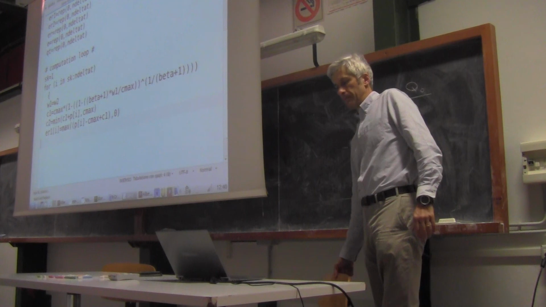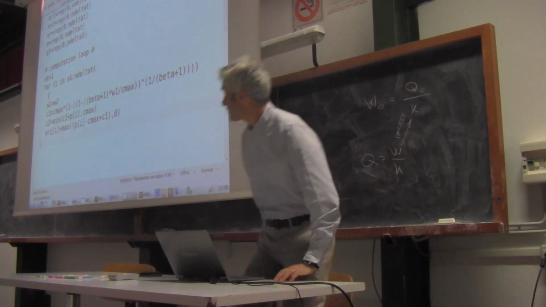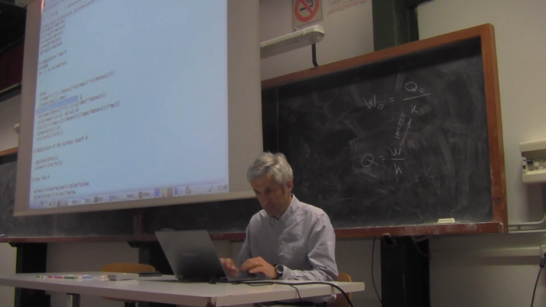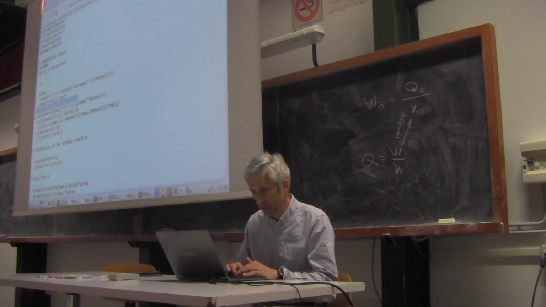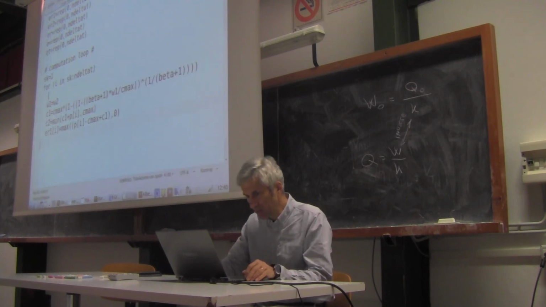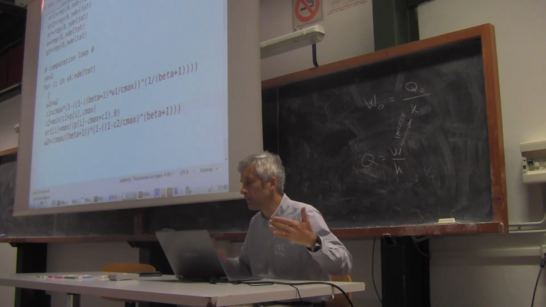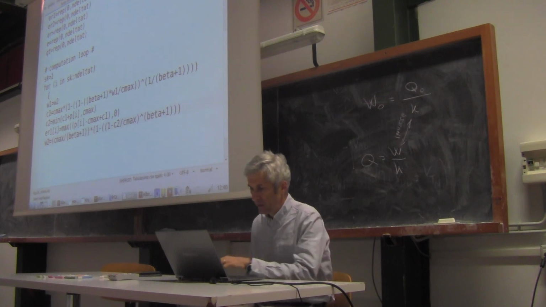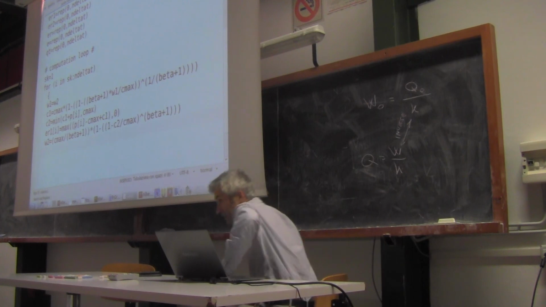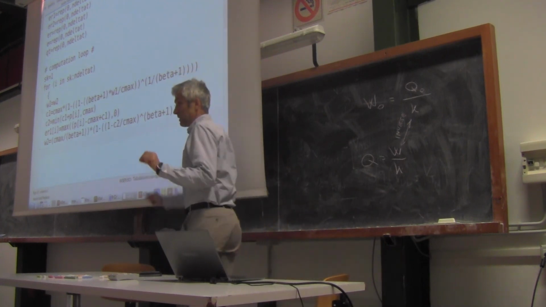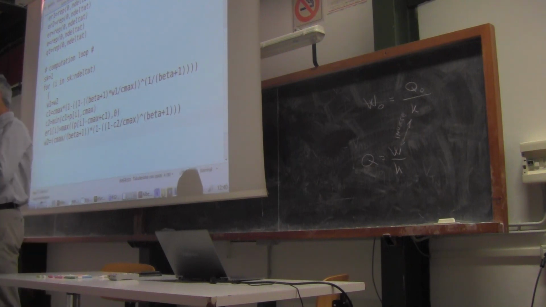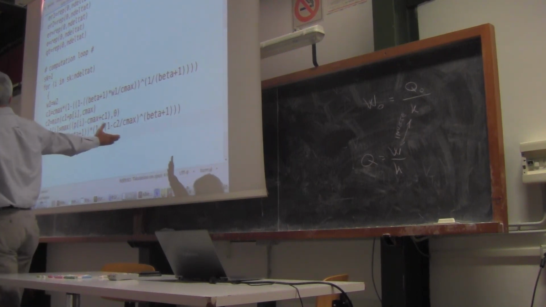Okay, so let's take the next one. W2, perfect, because this is what we guessed. I mean, we need to compute the new value of W. And this is nothing else than the relationship that we derived on the blackboard for W depending on C. Please check.